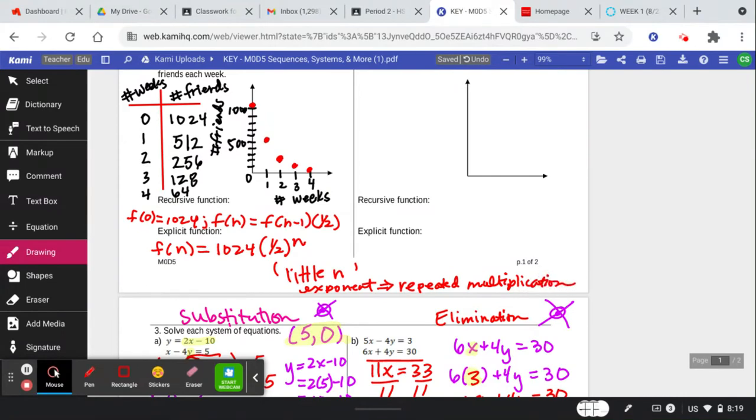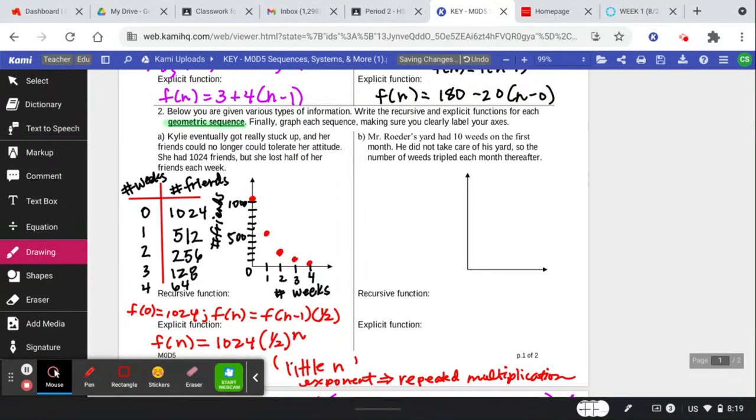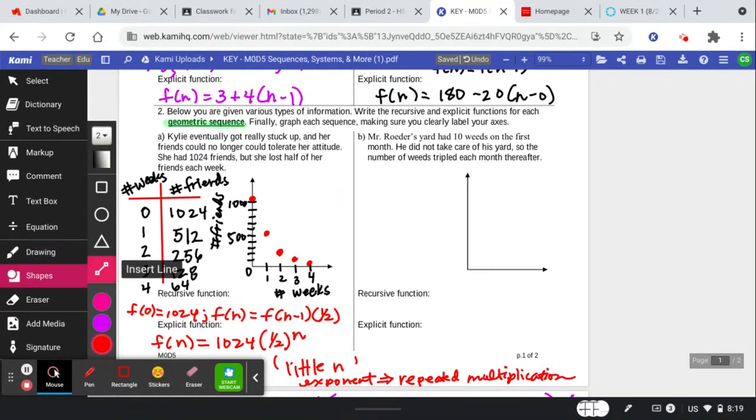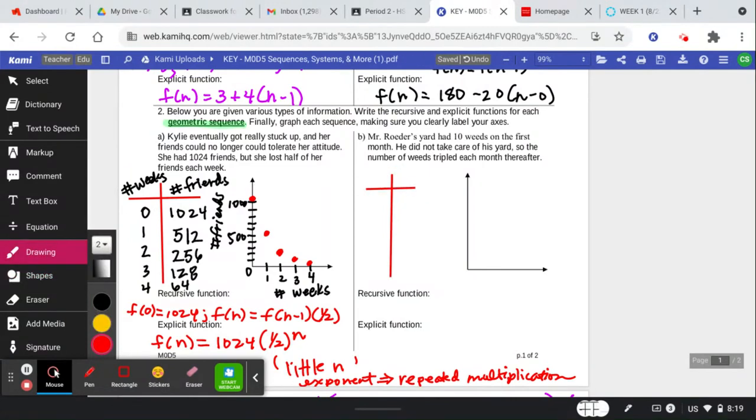All right, last but not least, pause the video, try part B on your own. Let's see how you did. Okay. So, Mr. Rotor's yard has weeds. And on the left-hand side, we're going to put the number of months.